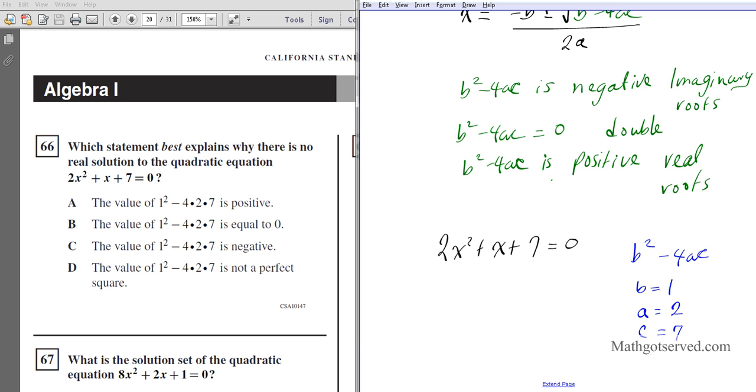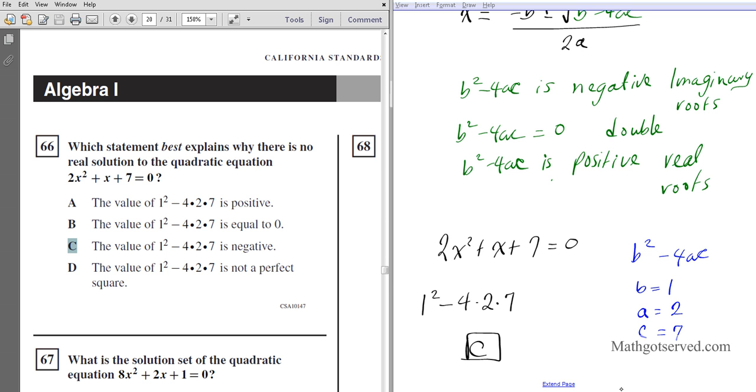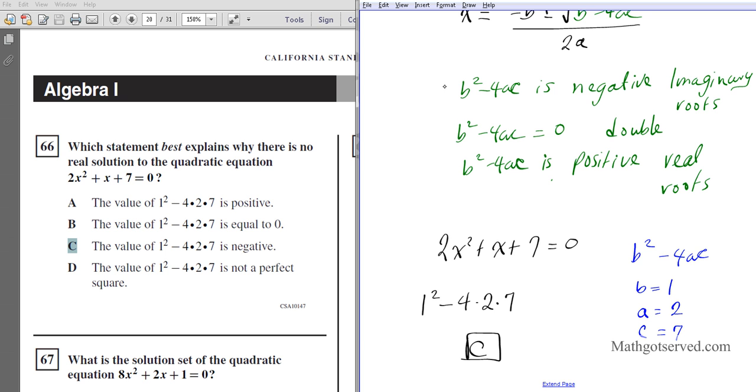So we plug these in: 1 squared minus 4 times 2 times 7. If this radicand is negative, we're going to have imaginary roots. So our correct answer for 66 is option C, because that gives us a negative radicand and consequently imaginary roots. The value of the discriminant is negative. So C is our final answer for 66.